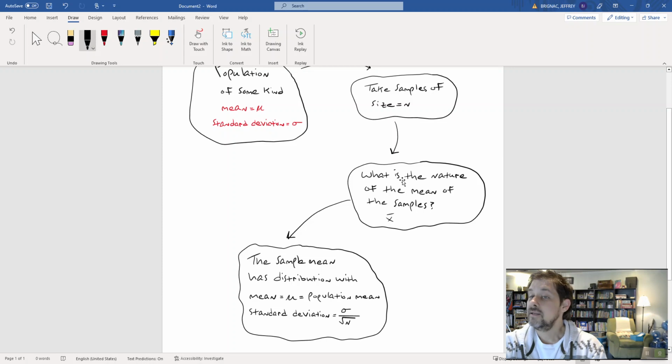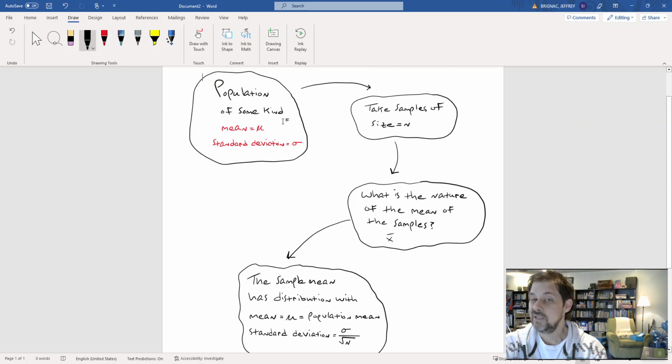And let's say that in addition to that, we calculate the mean of the samples. The mean is like the average, and the symbol for that is x bar. So mu is the mean of the population, x bar is the mean of a sample.